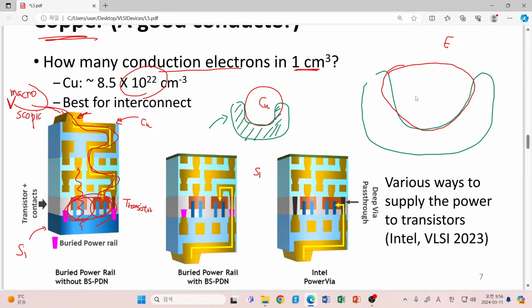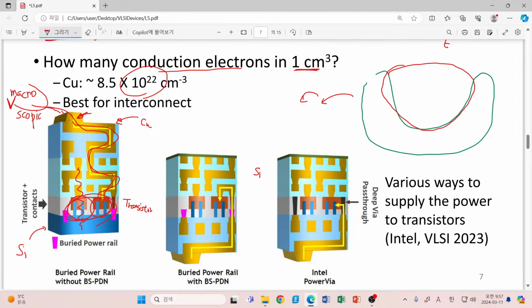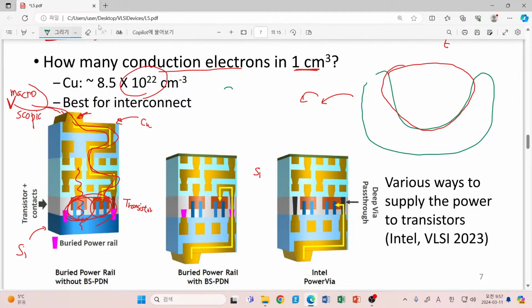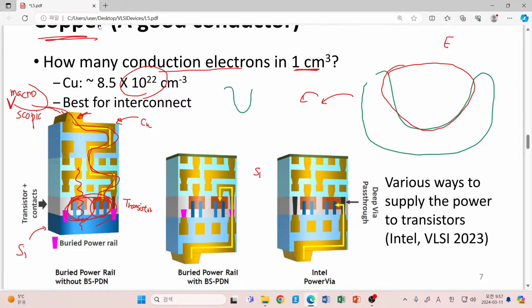However, now you have introduced so many advanced technologies, and when you draw it schematically, our situation is like this, with some exaggeration.